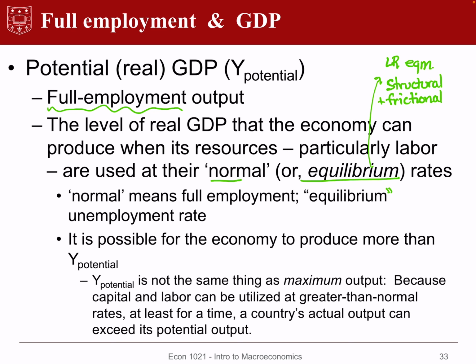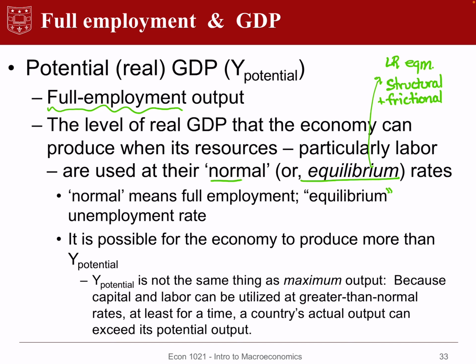unemployment rate. So it is possible for the economy to produce more than its potential level of gross domestic product in a given time period. The potential level of gross domestic product is not, strictly speaking, the same thing as maximum output, but we think about situations in which the economy is producing more than its potential level as not being sustainable. Capital and labor, of course, can be utilized at greater than their normal rates.